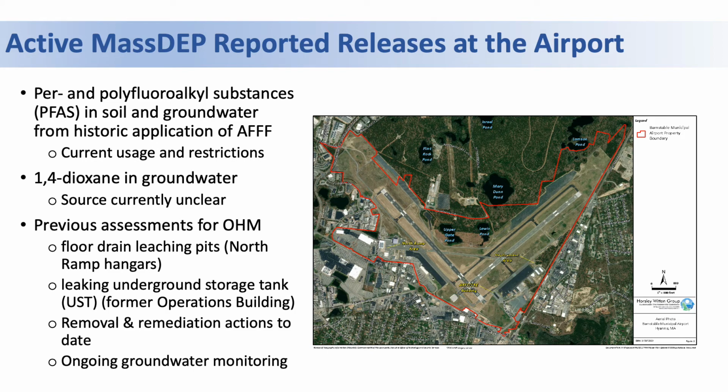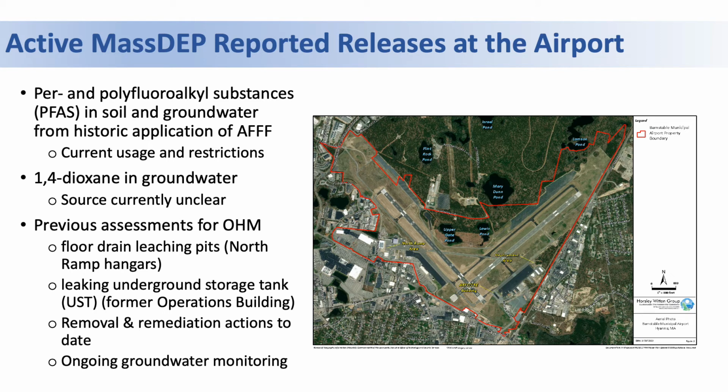However, as a transportation facility, we are not immune to releases at the airport. Currently, the airport is dealing with mitigation associated with what is known as PFAS that has been found in soil and groundwater at the airport due to historic applications of aqueous film-forming foam, or AFFF.